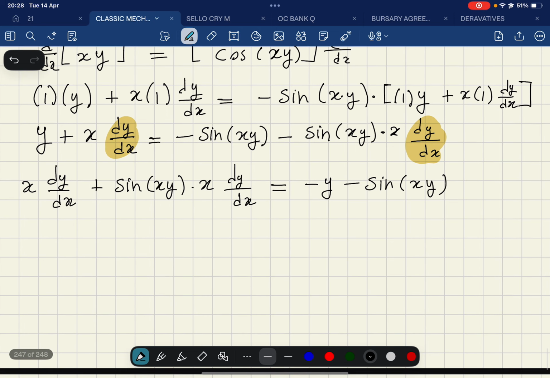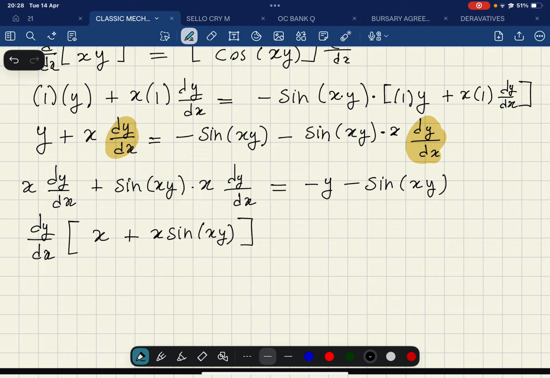Then from there I remove the common factor of dy over dx. I am left with x plus x sine of xy, which is equal to, I can remove the common factor of negative there, I remain with y plus the sine of xy.